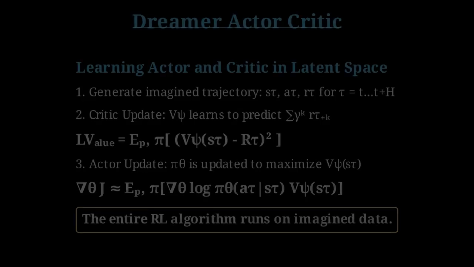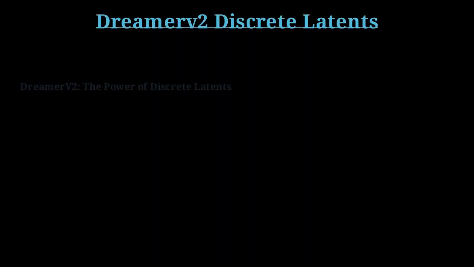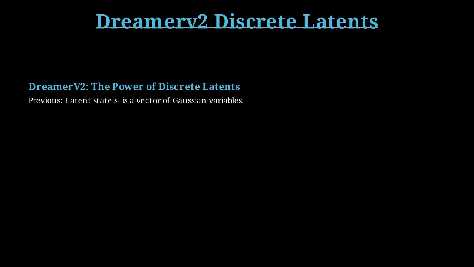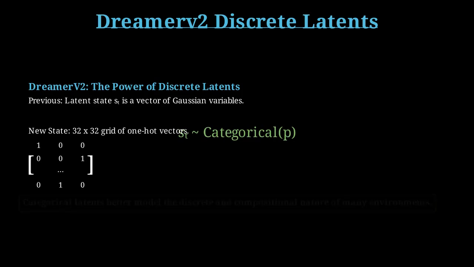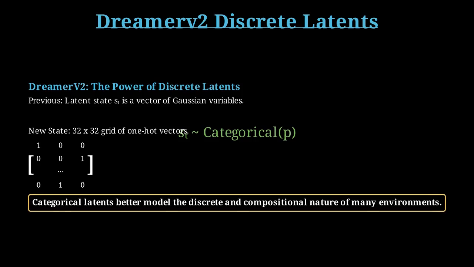Dreamer v2 made a key architectural change that significantly improved performance and stability. It replaced the Gaussian latent variables of the RSSM with discrete, categorical variables. Instead of a single vector s_t, the latent state is represented as a set of categorical distributions, say 32 variables, each with 32 possible classes.